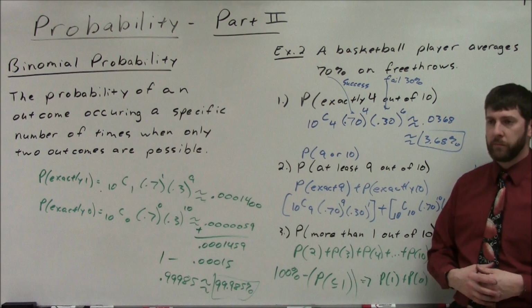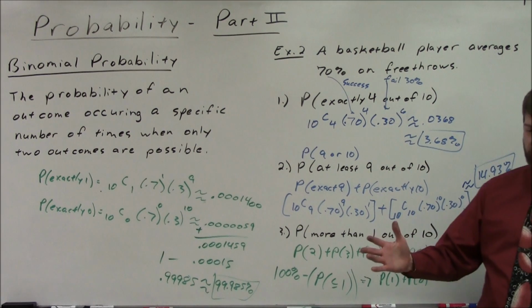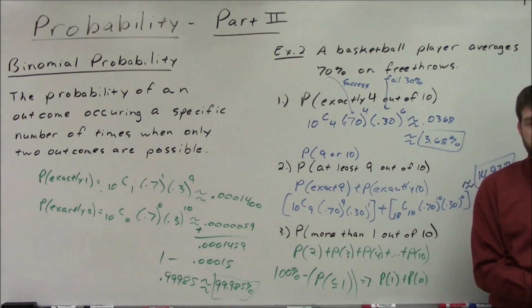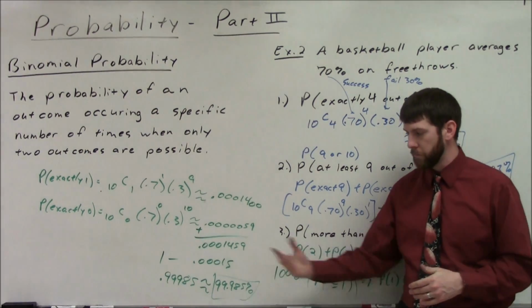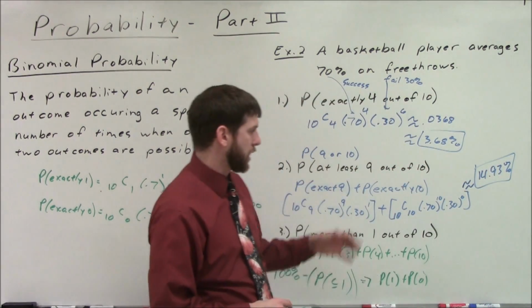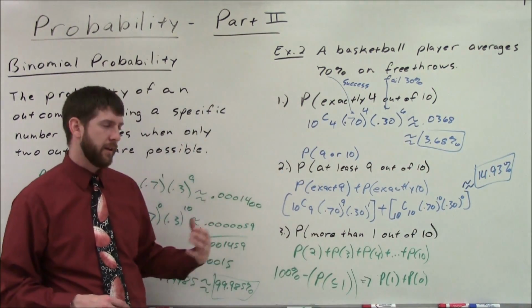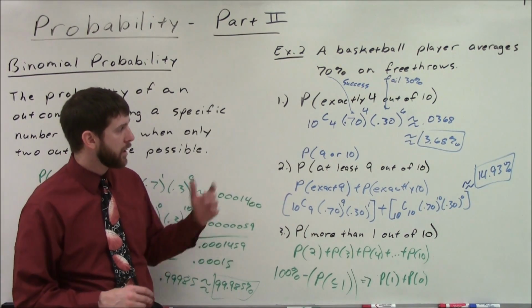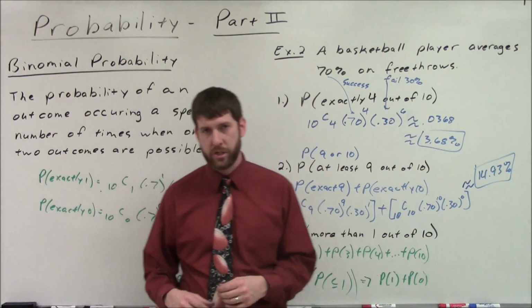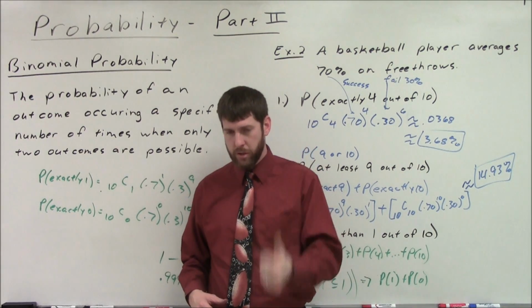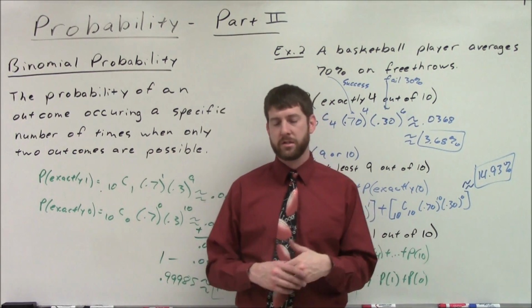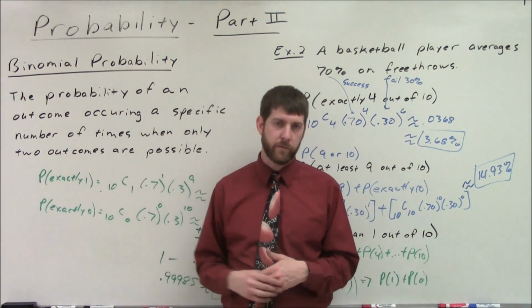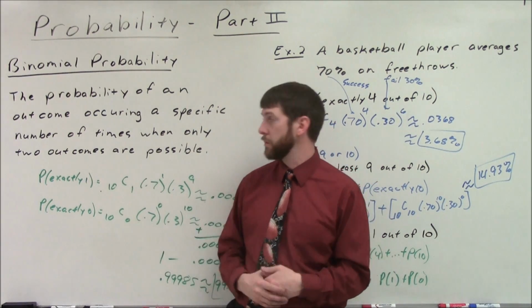And potentially, if there's fewer numbers that are not being asked for, we can calculate them and subtract them from 1 or from 100%. So a couple little options that we can use, things we learned in that last lecture. That's binomial probability. Again, it's just recognizing, are there 2 outcomes and only 2 outcomes possible? And am I trying to predict a specific number of successes to those 2 outcomes?